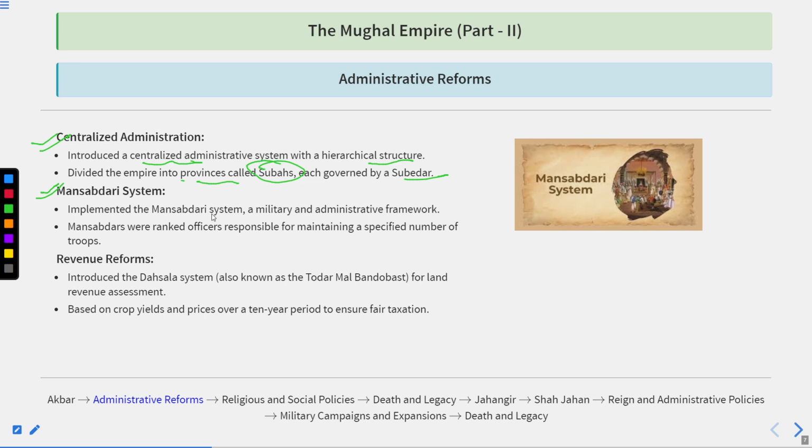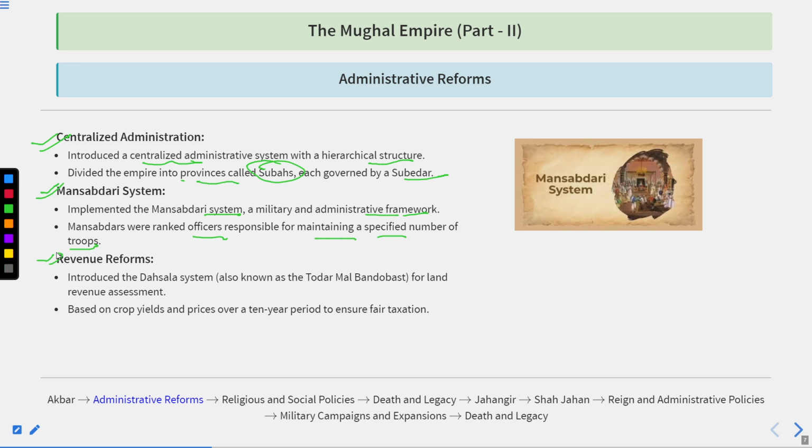He implemented the Mansabdari system, a military and administrative framework. Mansabdars were ranked officials responsible for maintaining a specified number of troops. Clear? Also, he established some revenue reforms, known as the Tehsal system or Zabti system.